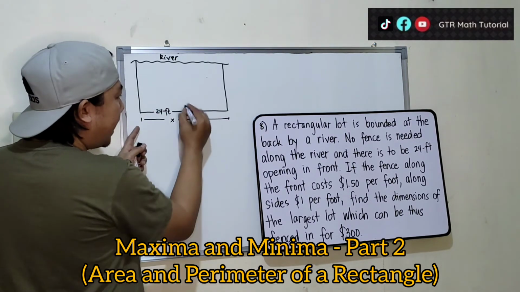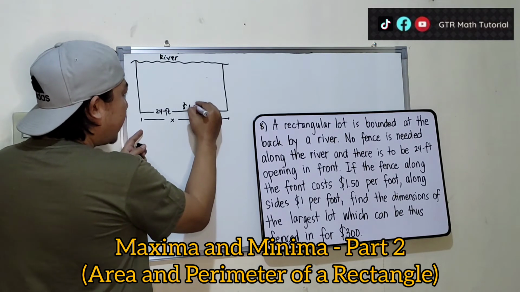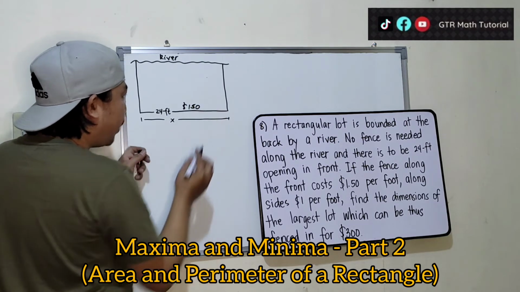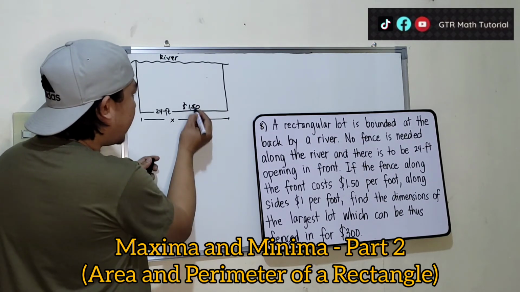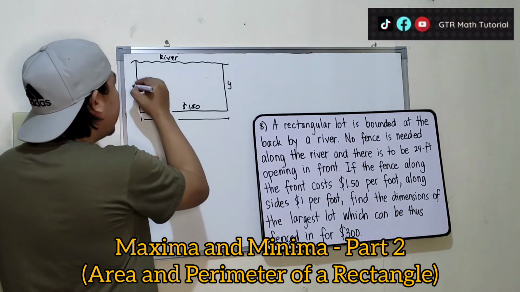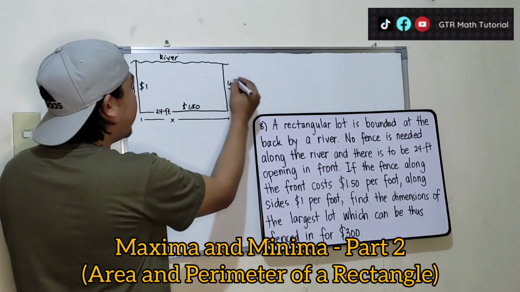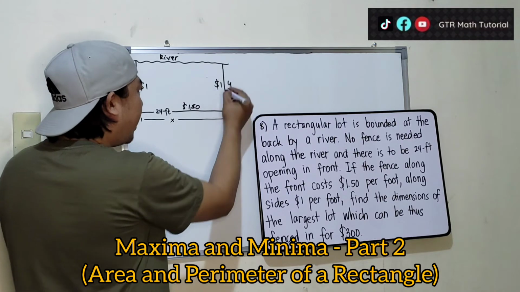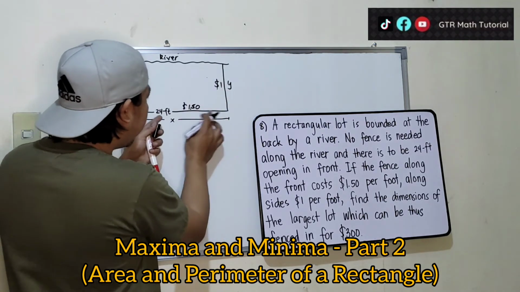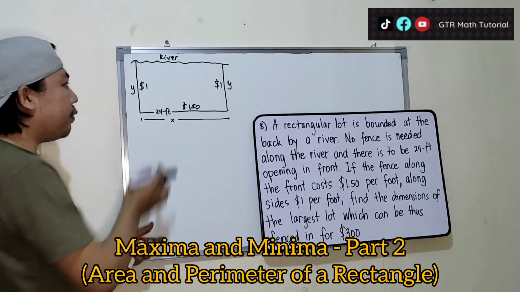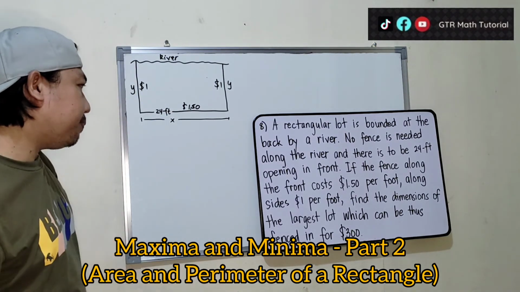So the cost for the length is $1.50. And then for the width, y, the cost is only $1. So $1, and then for the length we have $1.50, but there is a 24 feet opening.